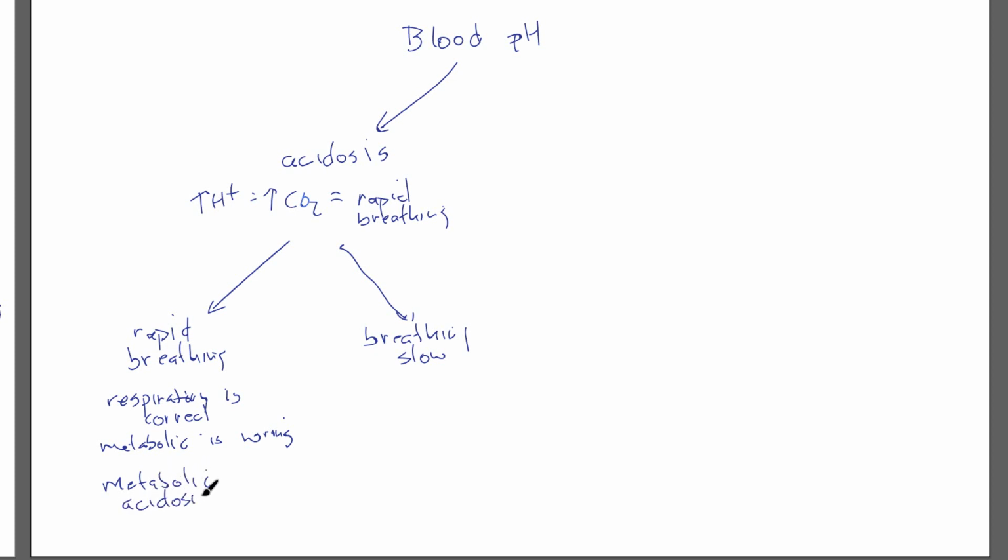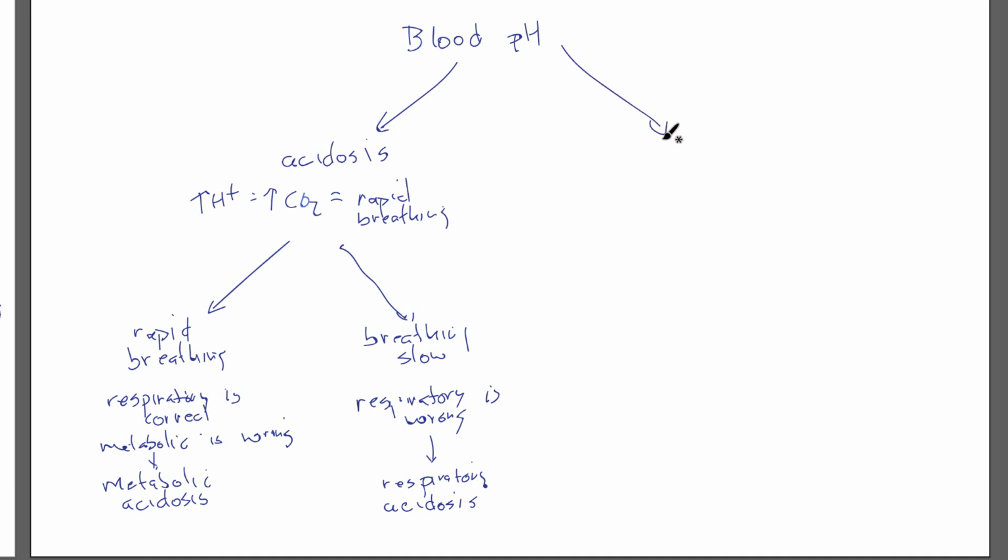Again, acidosis because the pH is low. If we're supposed to be breathing rapidly but we're breathing slow, then that means respiratory is wrong. Respiratory is doing the wrong thing. And so that means this is respiratory acidosis.